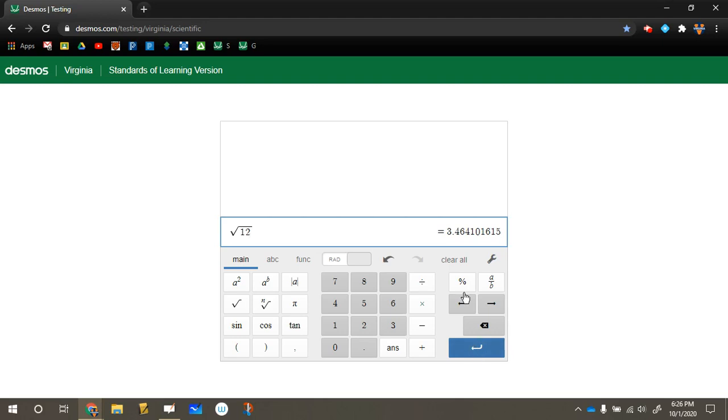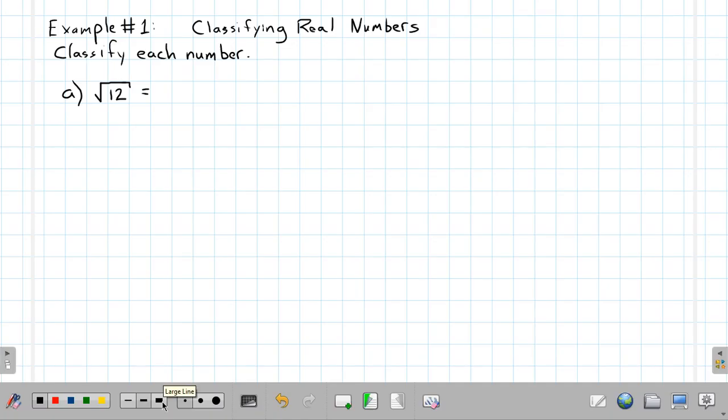When we plug it into our calculator, we get a very long decimal. And once again, if you remember what I talked about with square roots, if we take the square root of something that is not a perfect square, it's technically irrational because we have a decimal that goes on forever and doesn't repeat.